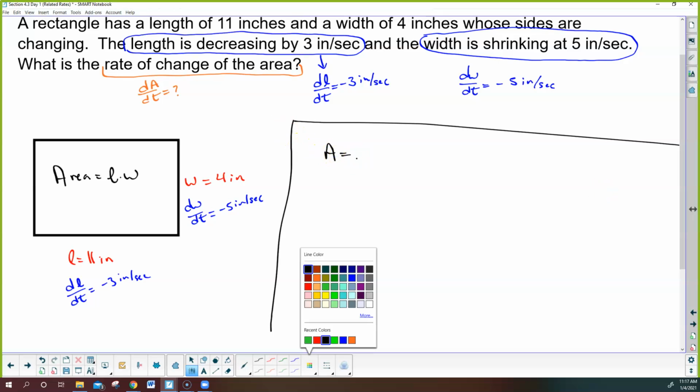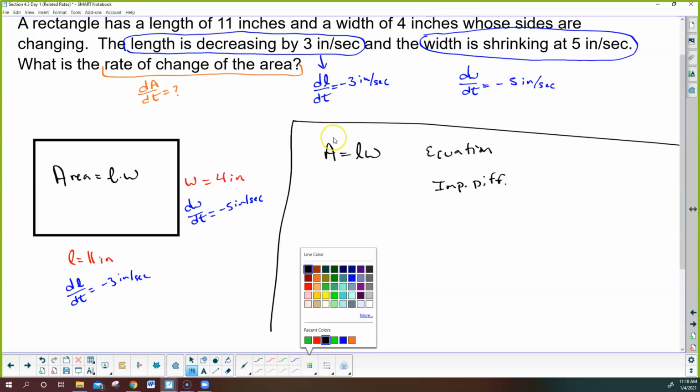So here's what I'm going to do. I have my equation, right? But that equation doesn't have anything with rates in it. So I need to do implicit differentiation, which introduces the rates.